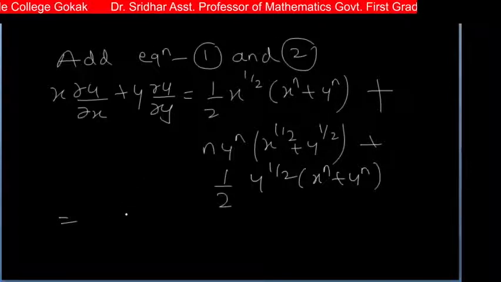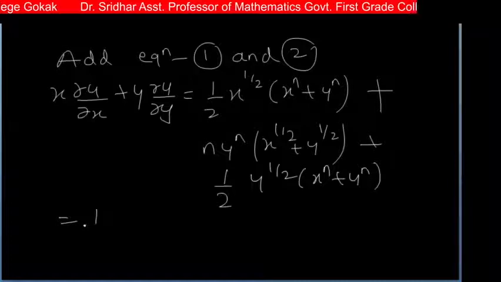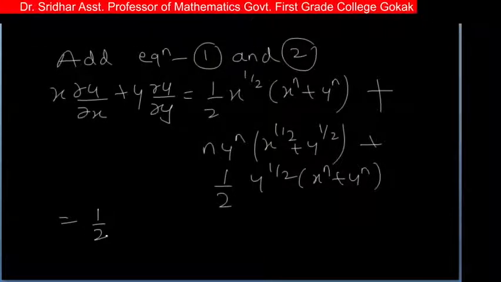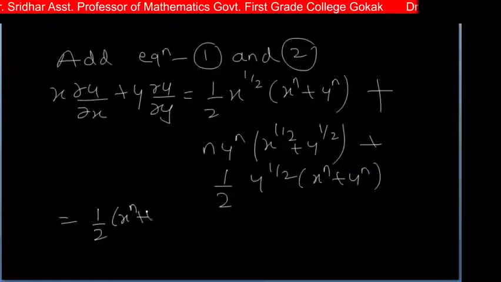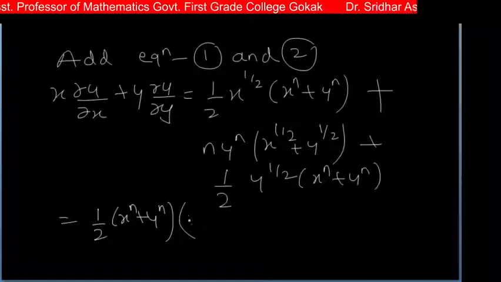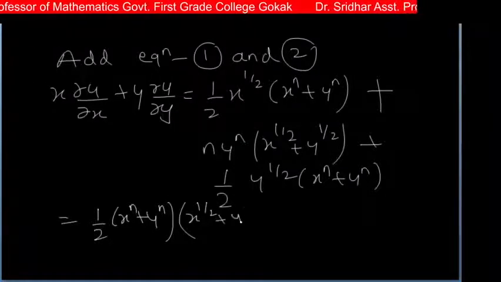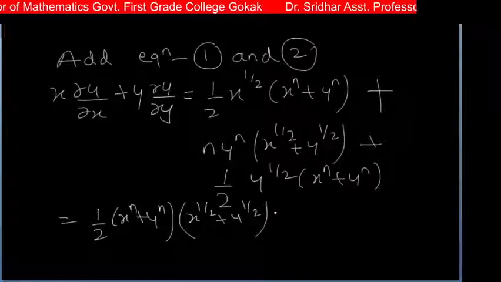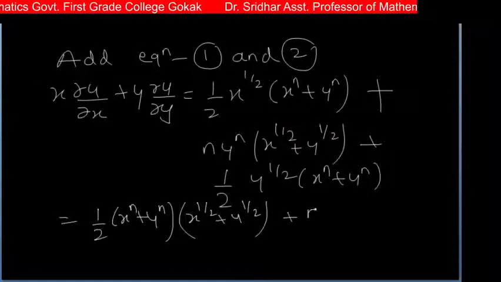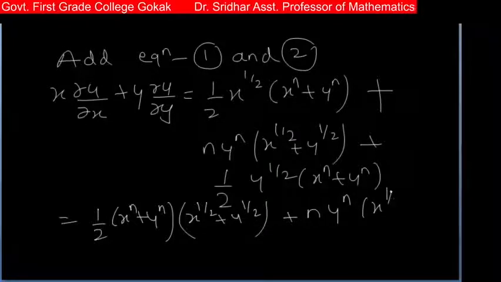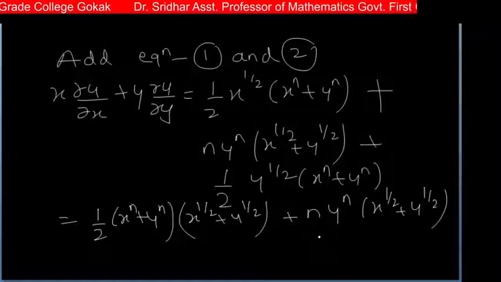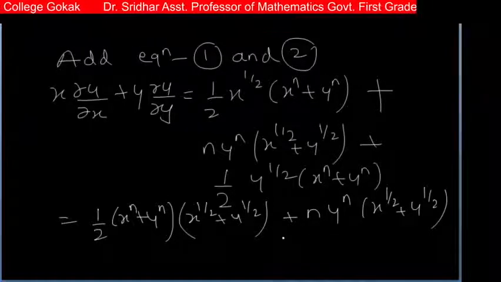right? So taking those terms as common, 1 by 2 into x raised to n plus y raised to n, and in bracket I am left with x raised to 1 by 2 plus y raised to 1 by 2, then plus n into y raised to n, x raised to 1 by 2 plus y raised to 1 by 2.